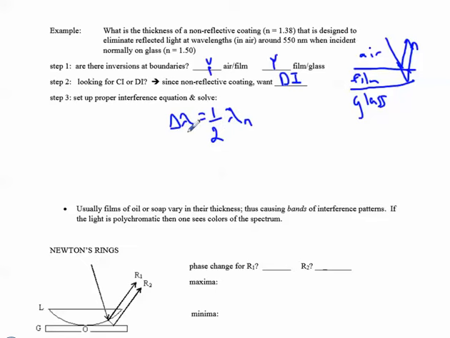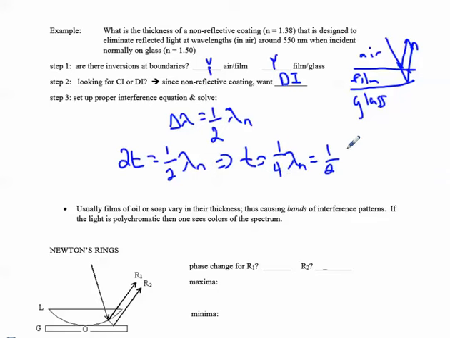So our path difference is nothing more than twice the thickness of the film, as shown in the diagram before. So we have 2t equals 1/2 the wavelength in the film medium. If we solve for t, that is nothing more than 1/4 the wavelength in the film, and the wavelength in the film is the original wavelength divided by the index of refraction of the film.